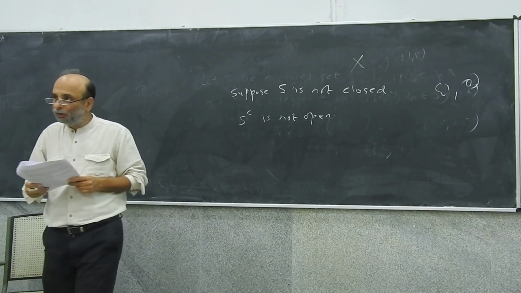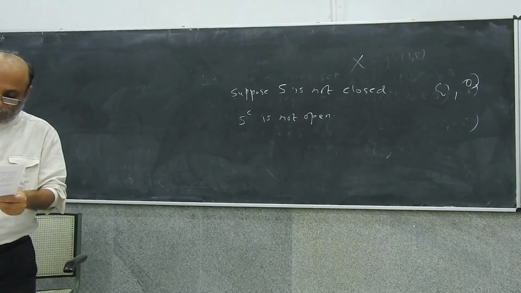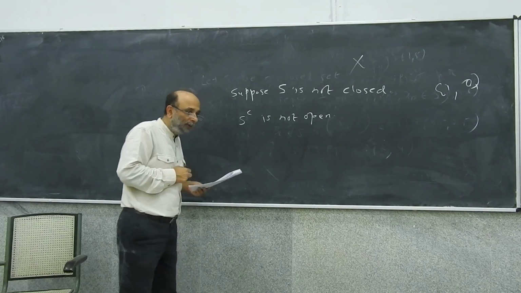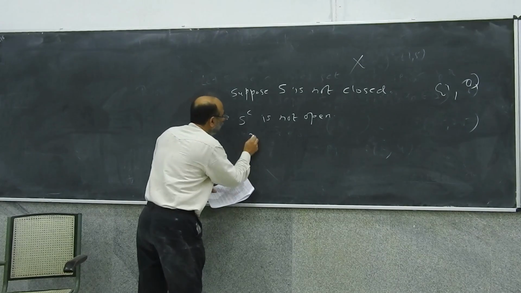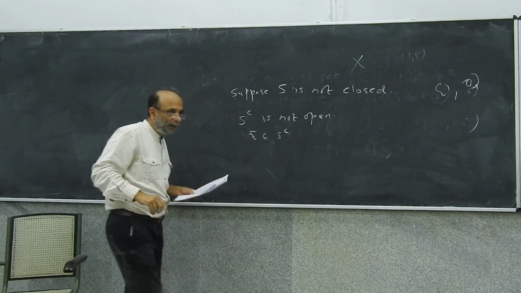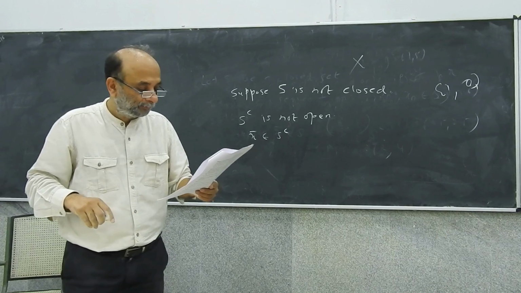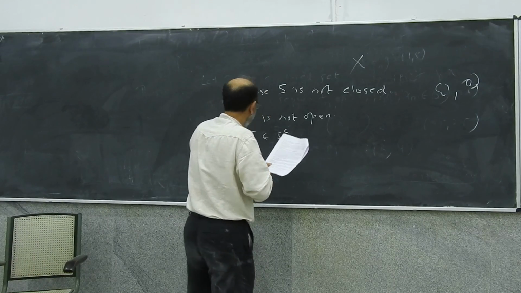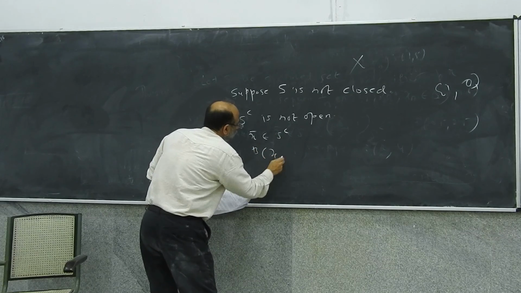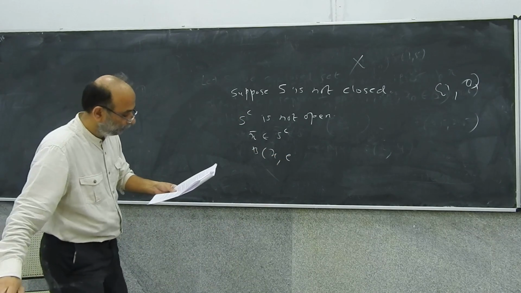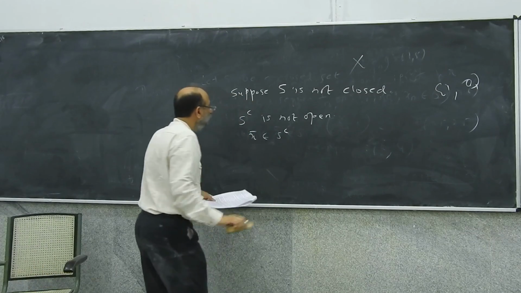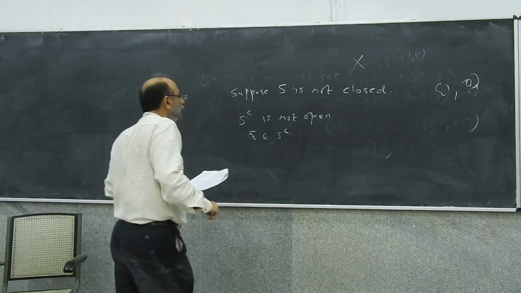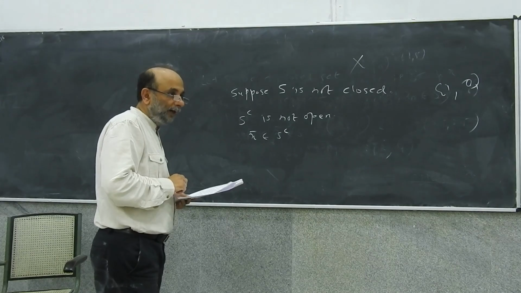So if S is not closed, S complement is not open. What does it mean then? If S complement is not open, then think of some X bar belonging to S complement. Think of open balls around X bar, the midpoint.